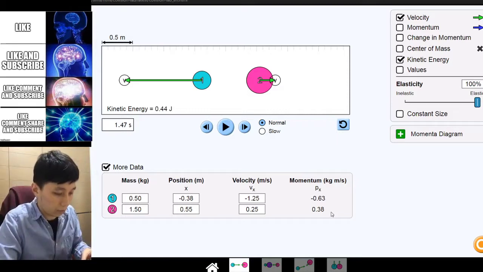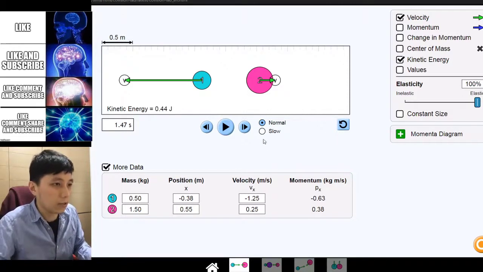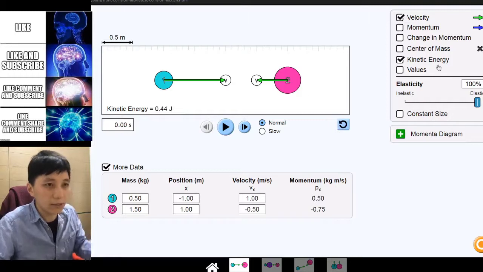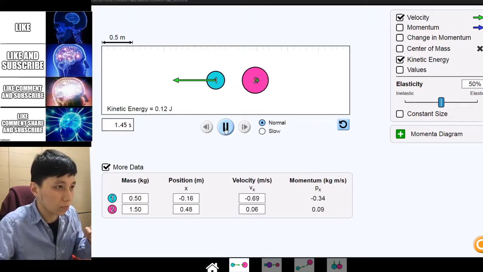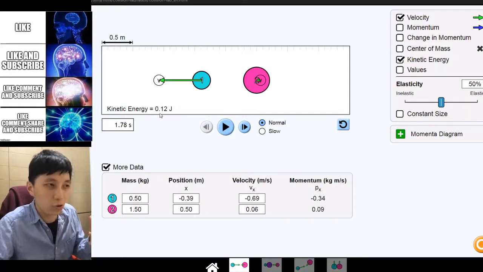Negative 0.25. So for now, I'll reset this, and I'm going to change the elasticity to 50%, and let's see what happens now. You can see kinetic energy reduced quite a lot. It's not going to be half, but it reduced at least.